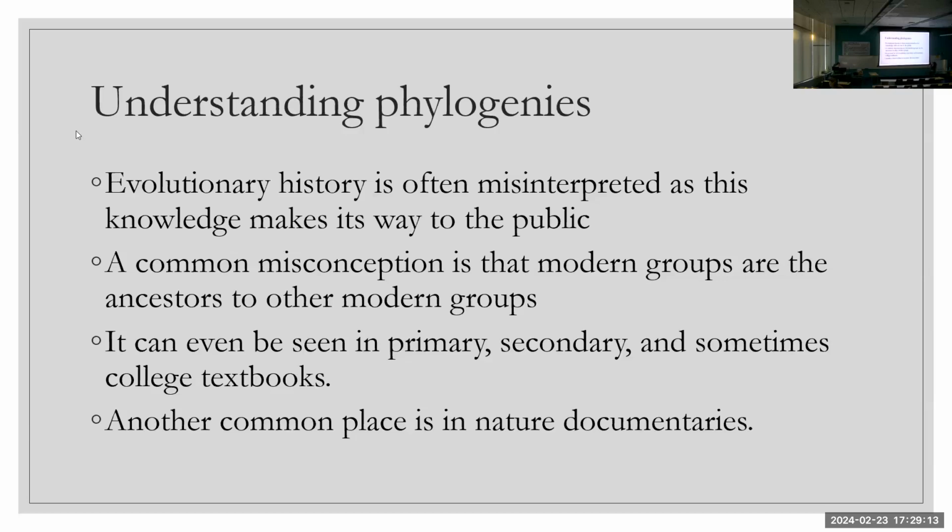You can see that in primary, secondary, and oftentimes even in college textbooks. Another place where they do this all the time is in nature documentaries, like really good ones that I really enjoy watching and have a lot of good information, but they still perpetuate that myth.